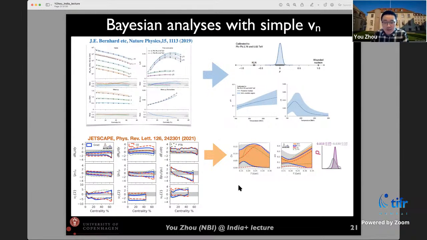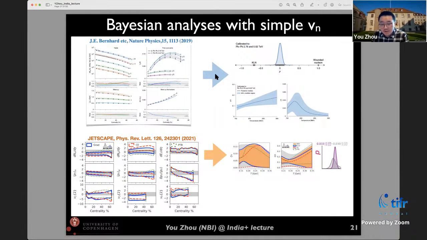And then how can we combine the information? There are different model calculations, which we call the Bayesian analysis. What they try to do is include as much data as possible for the particle spectra or particle yield, mean pT fluctuation, as well as the Vn coefficients as a function of centrality, done by the Duke group.